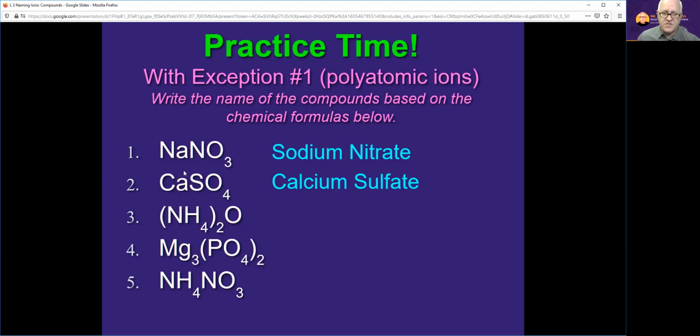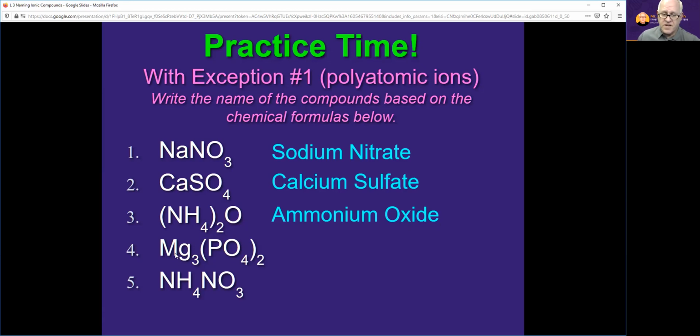We knew the calcium, Ca, and SO4 is sulfate, so it's calcium sulfate. Here's where it's going to get kind of interesting because we've got NH4 which means there's 2 of that polyatomic ion, and 1 oxygen. And so it becomes ammonium, NH4 is ammonium, and the oxygen, you take the root and add IDE for ammonium oxide.